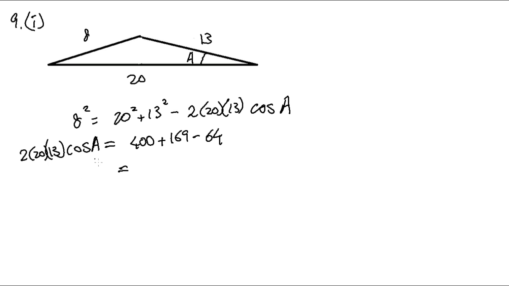And after you've done the calculation, you divide everything by 2 times 20 times 13. So you get that cosine of A is 505 divided by 260.